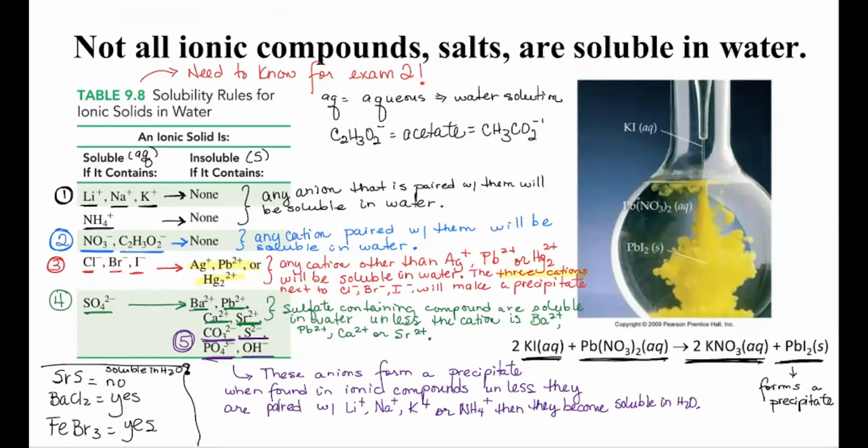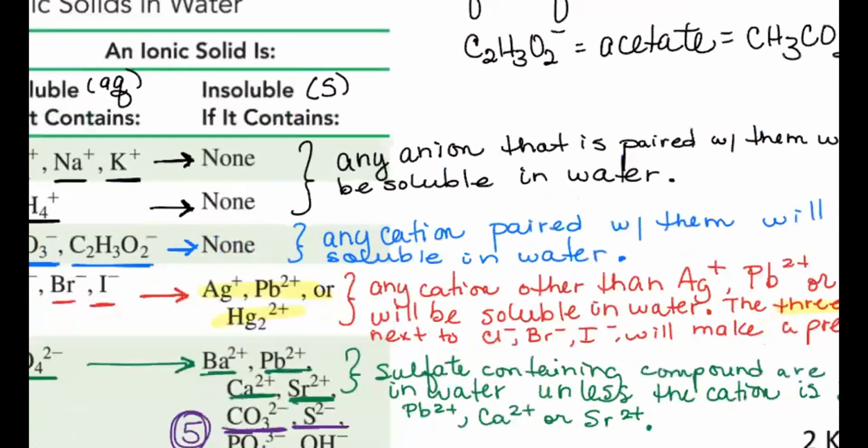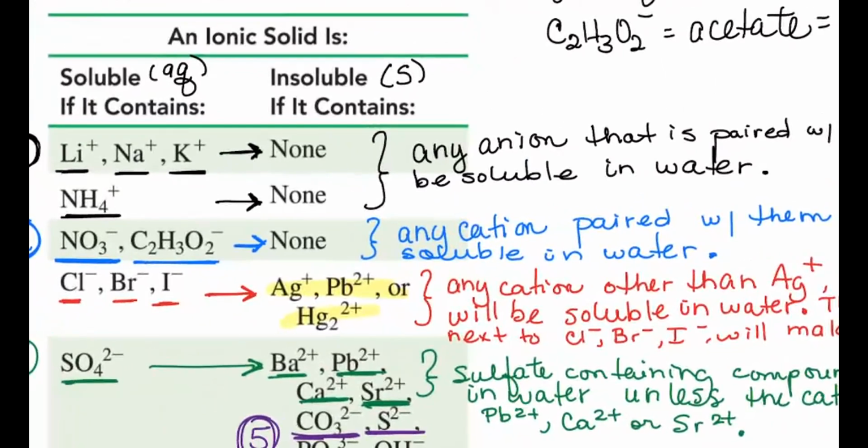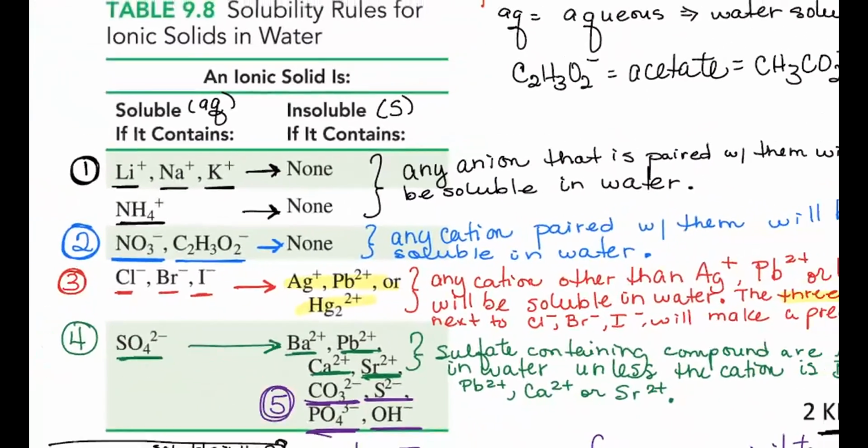So we have lead 1 acetate, right? So when we look at the rules, acetate is on rule number 2. You guys see that? The C2H3O2 minus, that's acetate. So see what it says in the blue notes that I did.